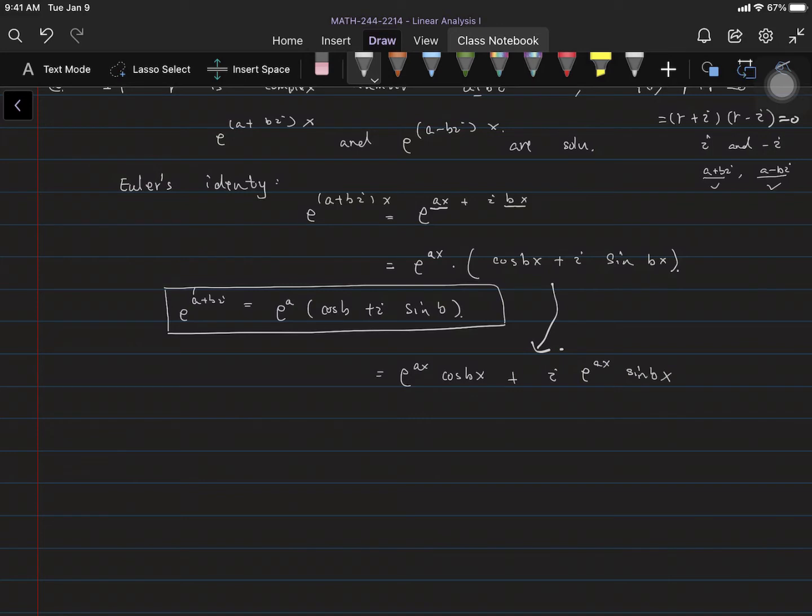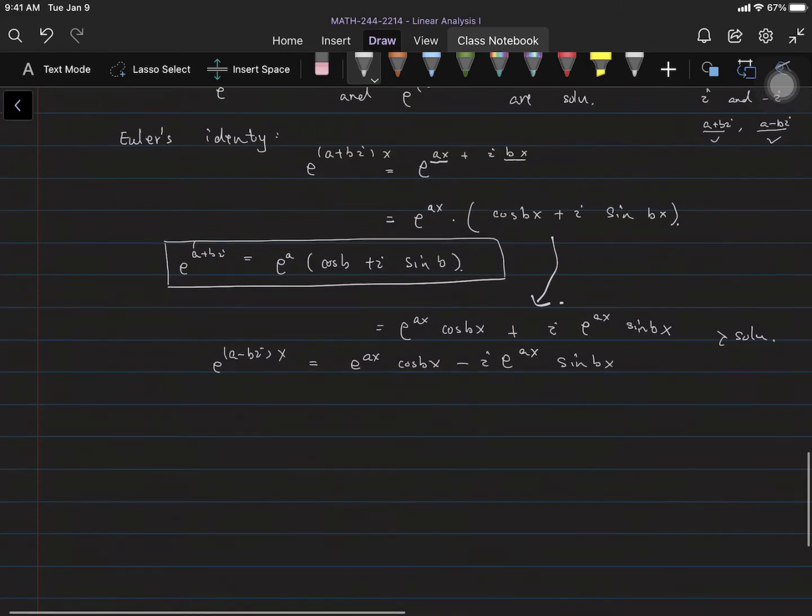And the same thing, if we do a minus bi x, we are going to have e to the ax cosine bx minus i e to the ax sine bx. They both are solutions, but we don't want to write them down as the general solution.